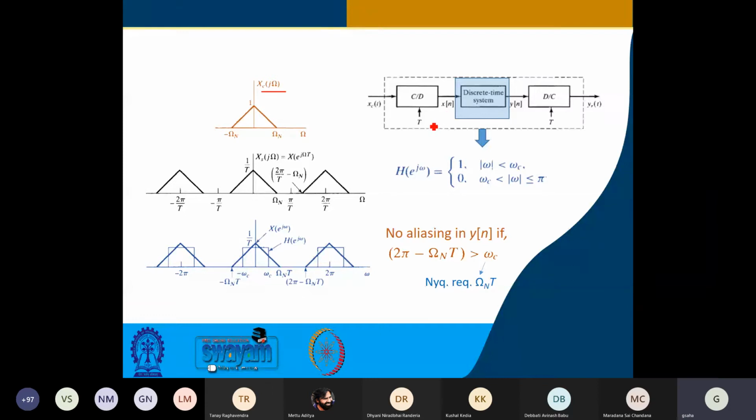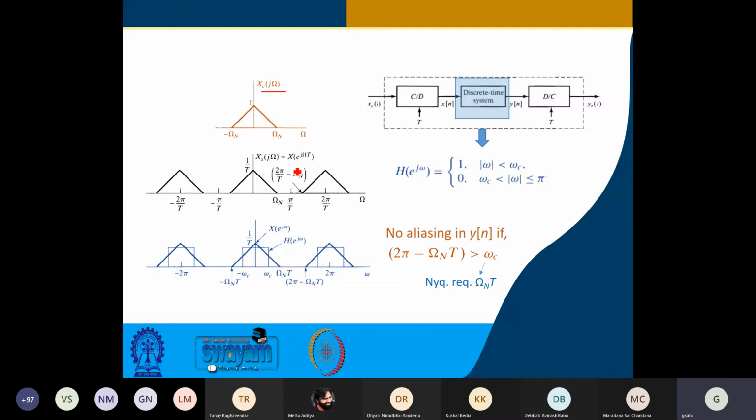Whenever you are sampling it, the sampled version X_s(jΩ) would be a repetitive version of this, which is Fs apart or Ω_s apart, and it is scaled down by 1 upon T. So this we have known from the sampling theorem, the sampling related study that we have done.